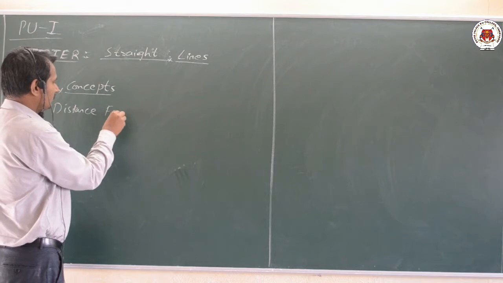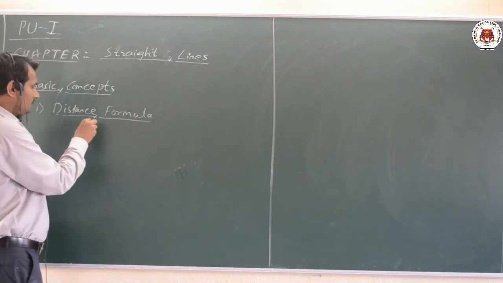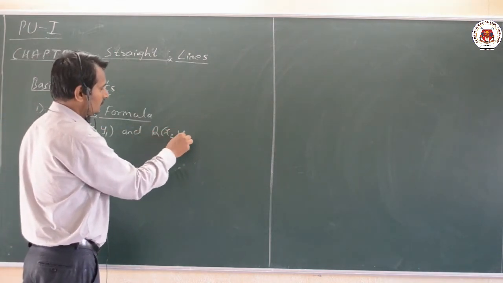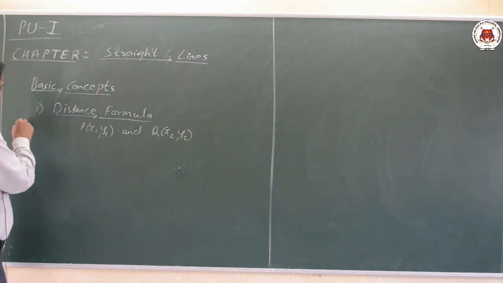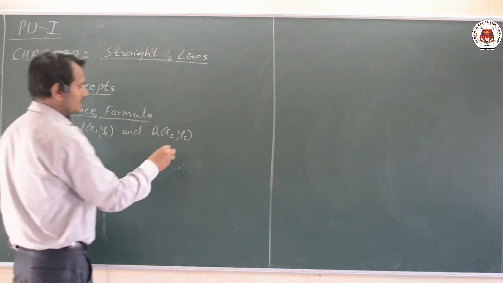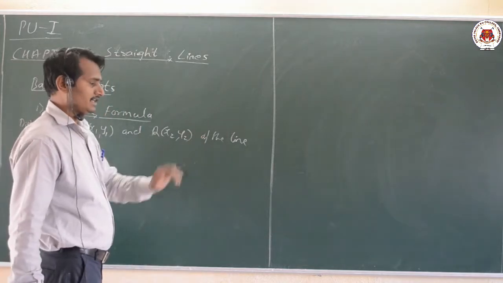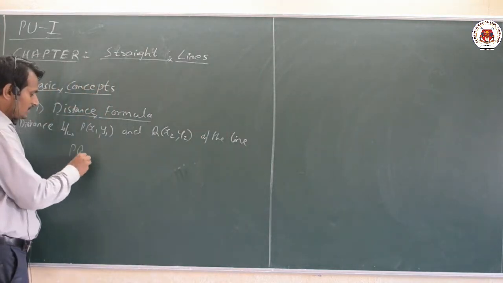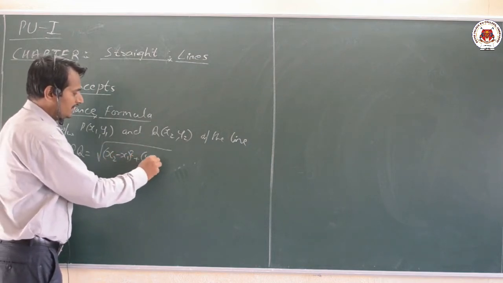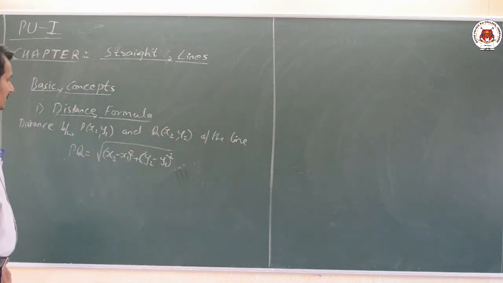The distance between the points P of x1 y1 and Q of x2 y2 is given by PQ is equal to root of x2 minus x1 whole square plus y2 minus y1 whole square. That is nothing but our required distance formula here.